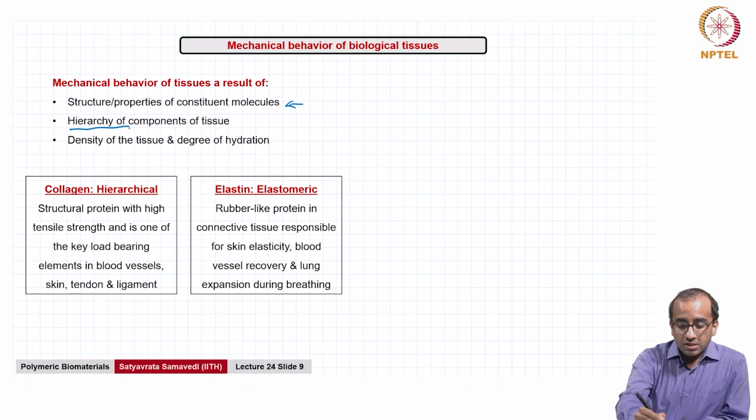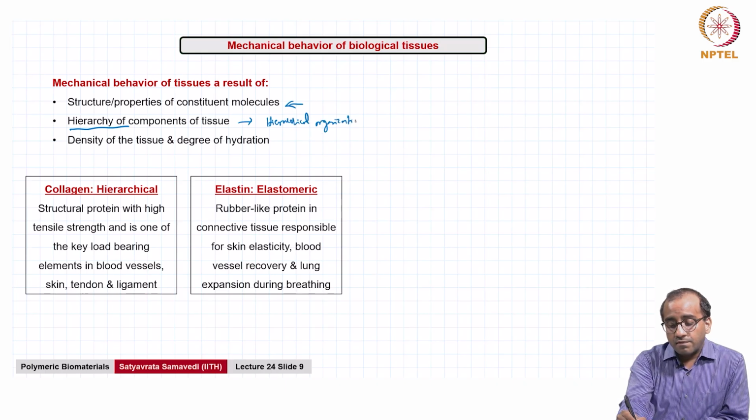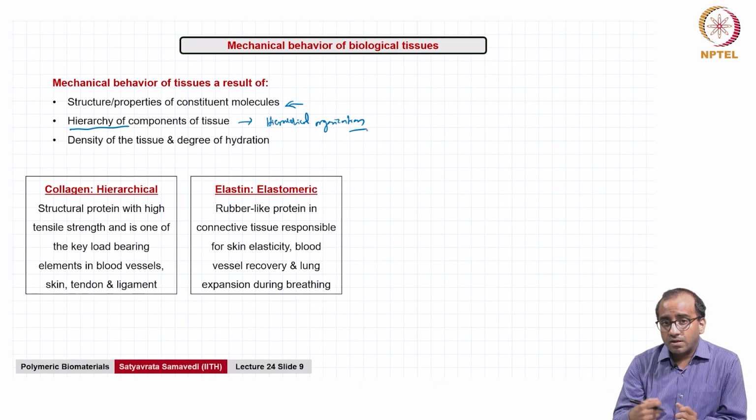Again in biology, the idea of hierarchy becomes very important. When we looked at collagen and many other biomacromolecules, we saw that hierarchy played a very important role there. Of course, the properties also will depend on the density of the tissue, age of the person, where it is located, degree of hydration, and a host of other factors.